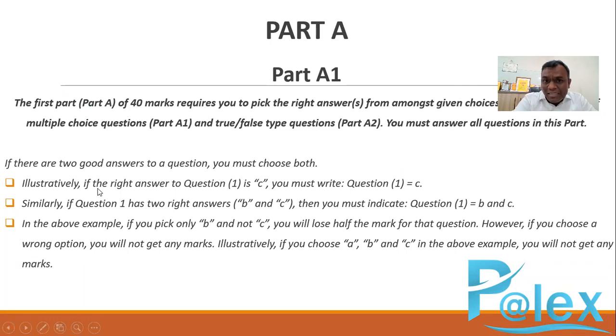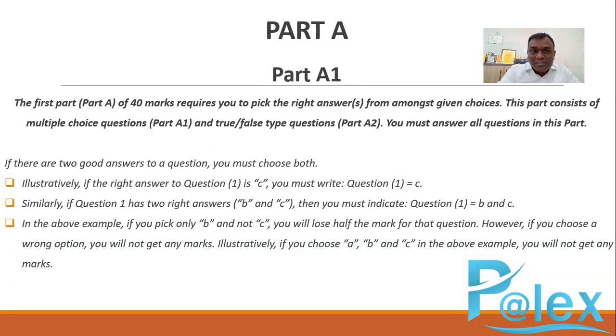In this part A1, the first part is of 40 marks, which requires you to pick the right answers from amongst given choices. This part consists of multiple choice questions and true and false. You must answer all questions in this part.